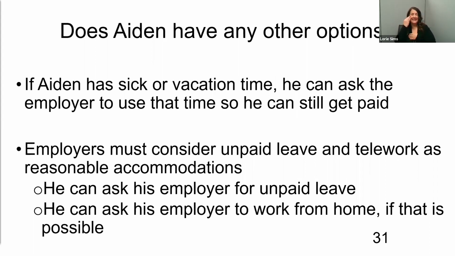Now, Aiden is an emergency room nurse, so there may not be any work that he can perform from home, so it's probably unlikely he can care for patients at his home, but there may be paperwork or other administrative tasks that he can perform from home, and his employer must consider that as a reasonable accommodation, even though Aiden is not entitled to the 12 weeks of leave under FMLA or CFRA. Next slide, please.